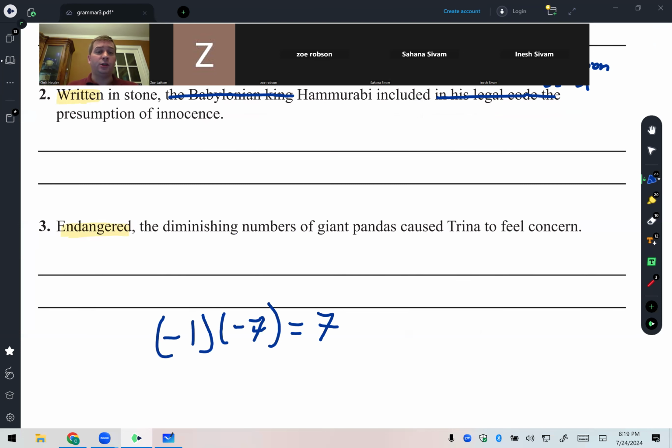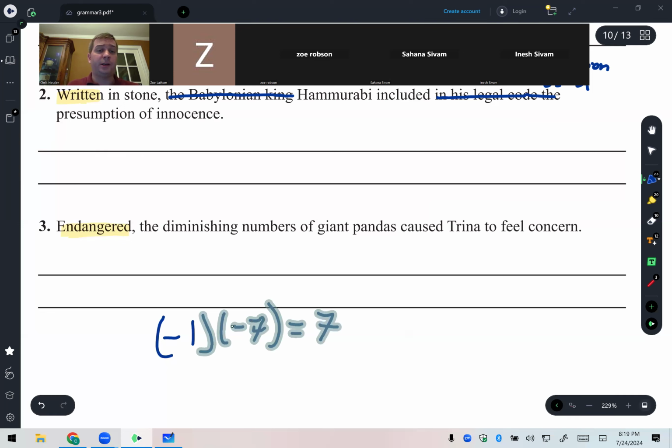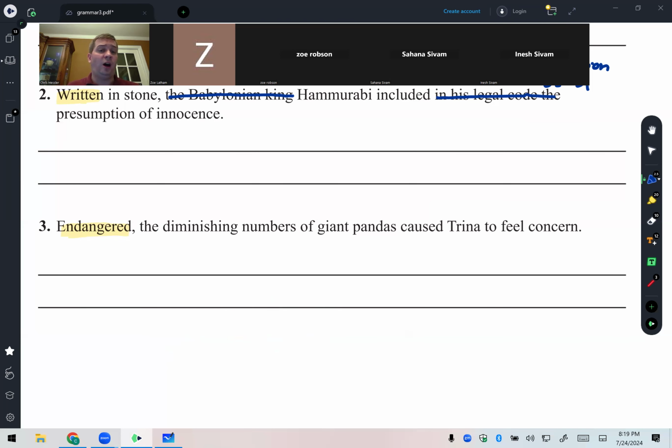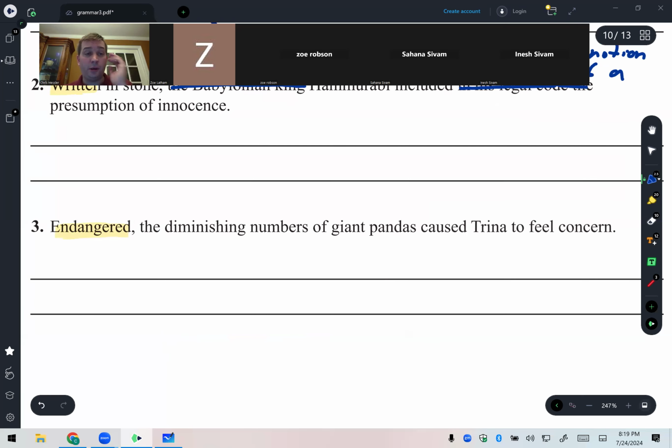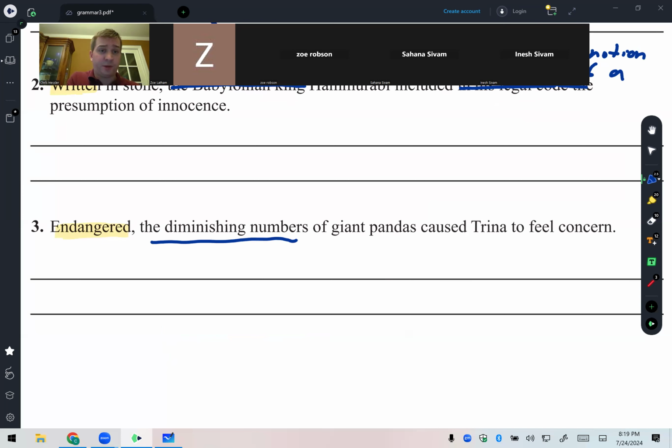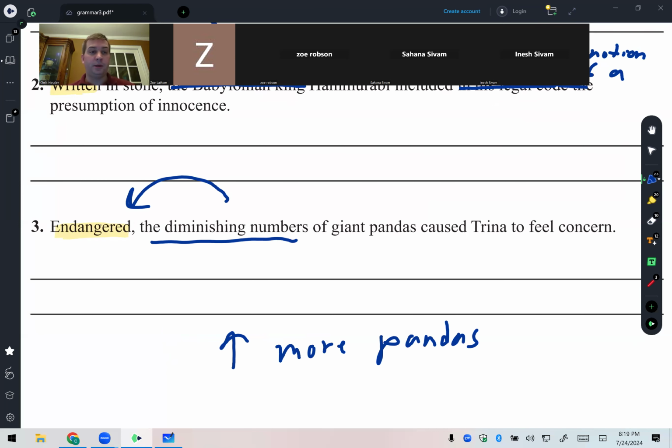In English, you can have a double negative, and you can often say the opposite of what you intend. So wrap your head around this one. If the diminishing numbers of something are endangered, that would actually mean more pandas. Yeah, just double negative. If the diminishing numbers of something are endangered, you're getting more of that thing.